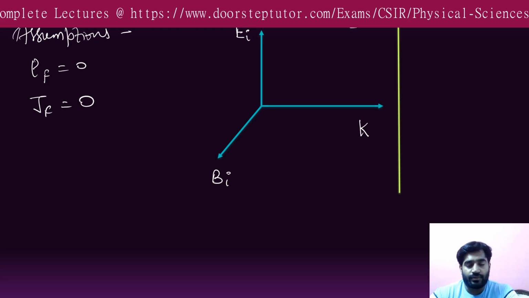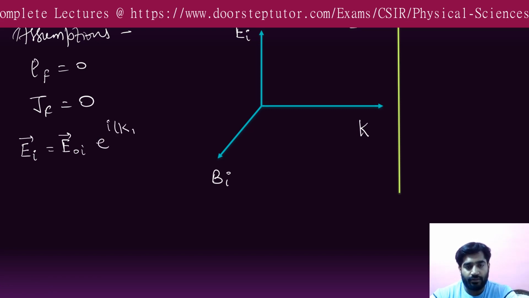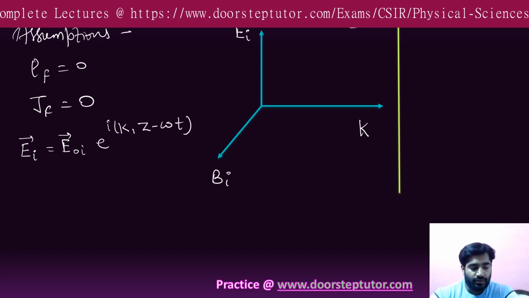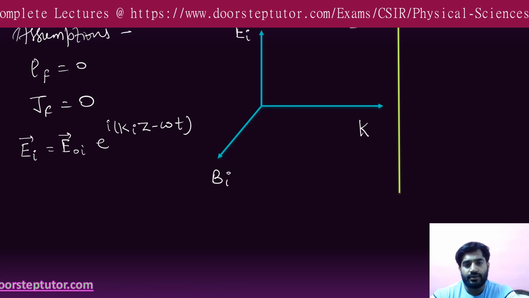Under these assumptions, the incident electric field is E naught i e to the power i(k1 z minus omega t). Or actually, instead of k1 you can take ki, meaning the incident medium.